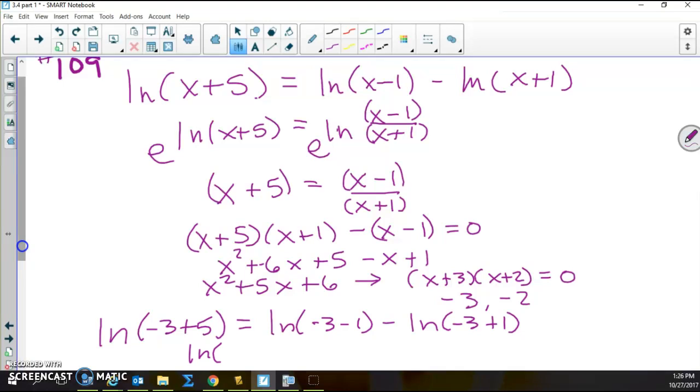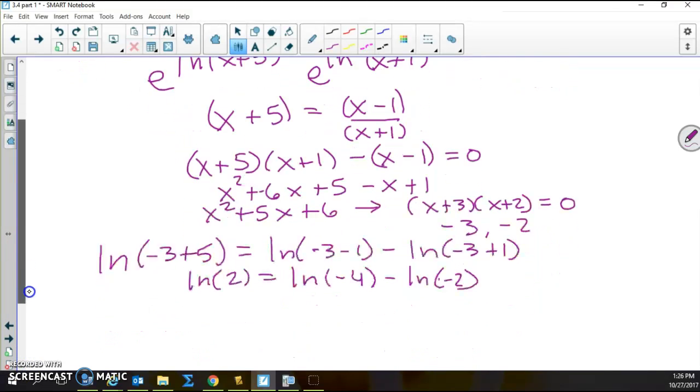Natural log of 2, is that equal to the natural log of negative 4 minus the natural log of negative 2?